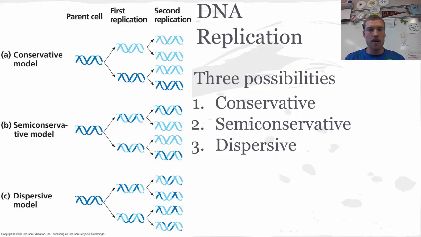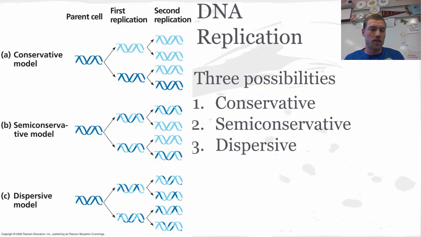So for DNA replication, there are three different possibilities. We can either have a conservative model, a semi-conservative model, or the dispersive model. In a conservative model, one DNA molecule will create a new DNA molecule, but the old DNA molecule will stay the same. It's not going to become part of the new one.